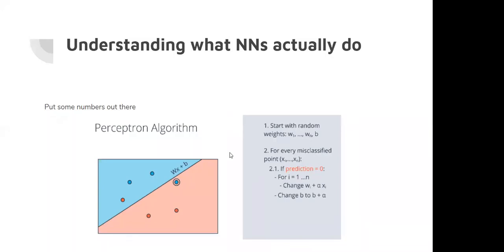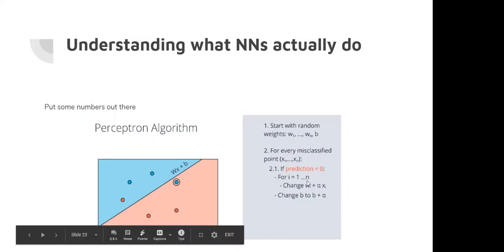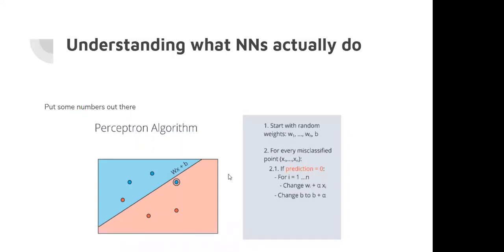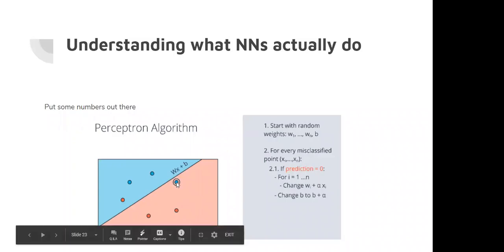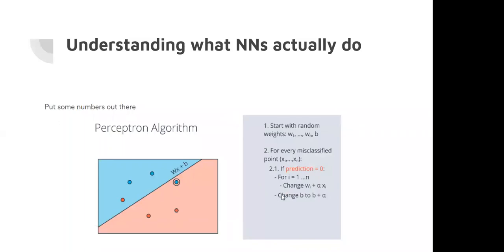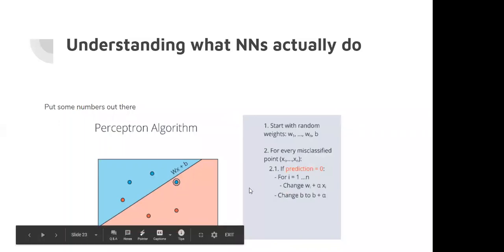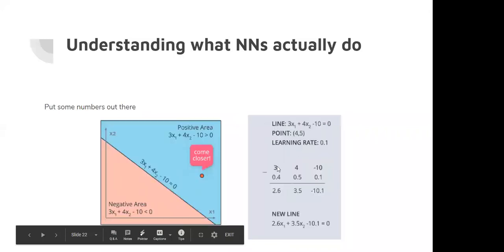For every misclassified point, if the prediction is 0, that means you have a blue dot in the red area, it's misclassified.